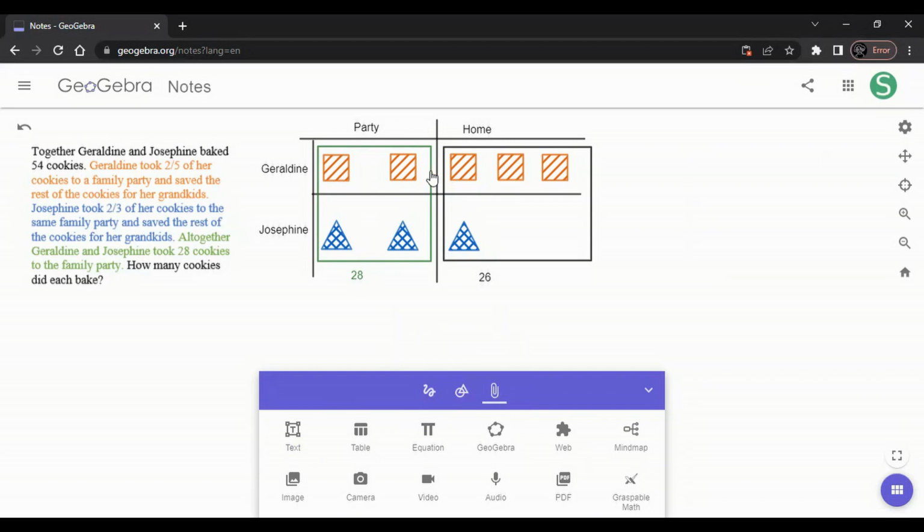Right. So these 3 squares over here and 1 triangle represent 26 cookies.